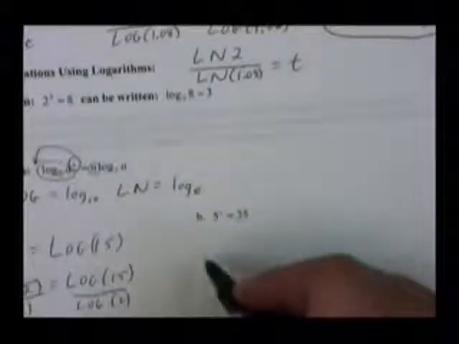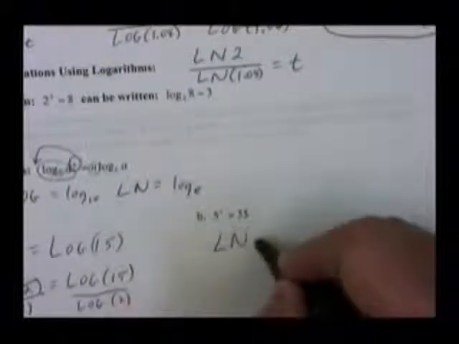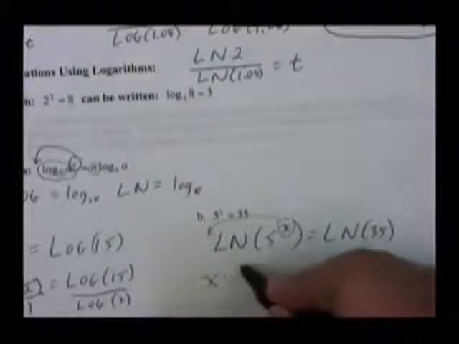So let's try one more. So if I have 5 to the x equals 35, I'm going to take the log, this time I'm going to take natural log, the ln, of both sides. Alrighty. The property says if I've got an exponent, I can pull it out in front as a multiplication.